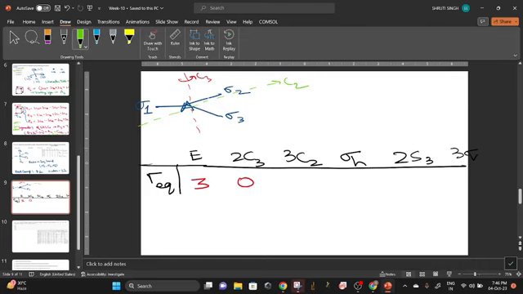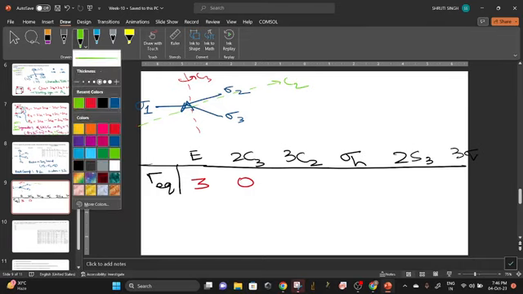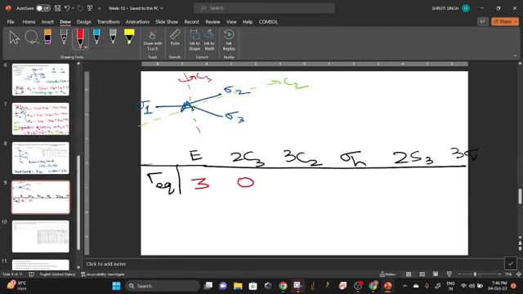So if we are applying C2, only one will remain unshifted. So this is 1.